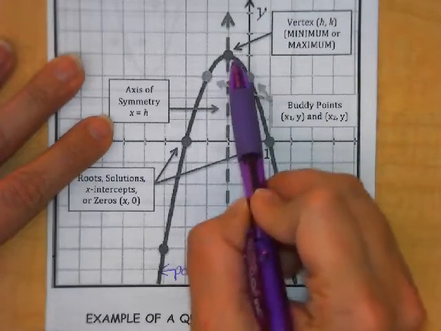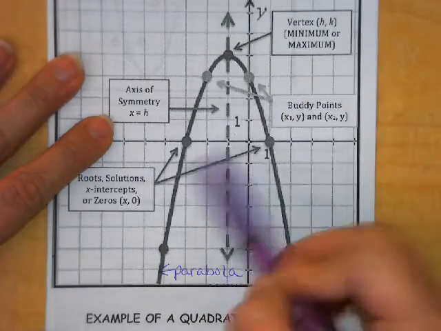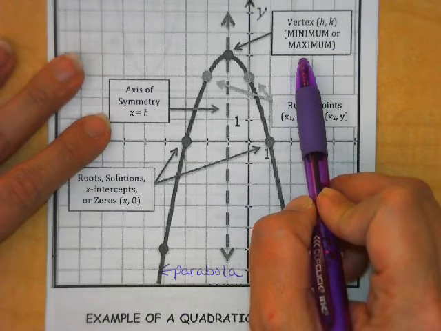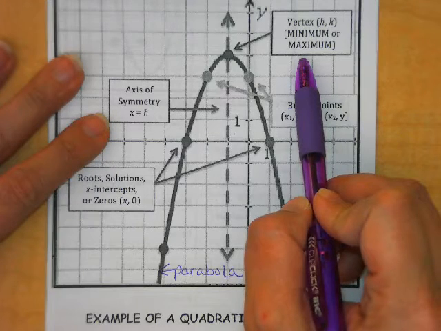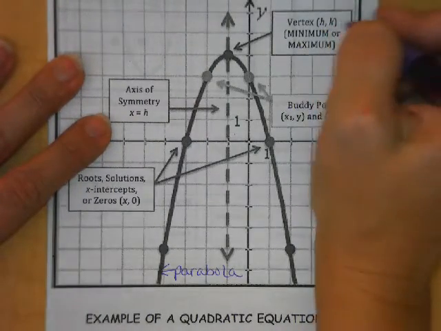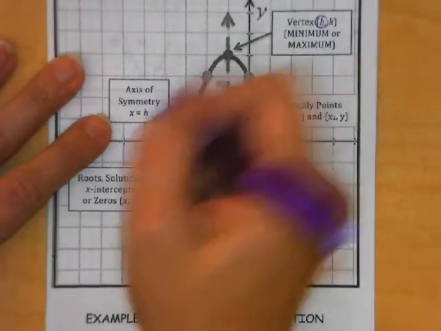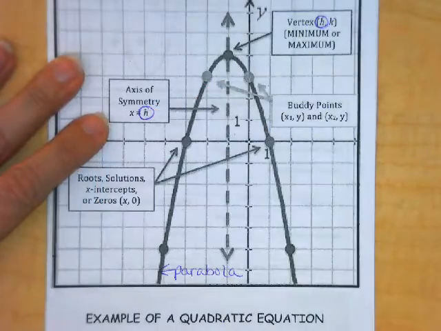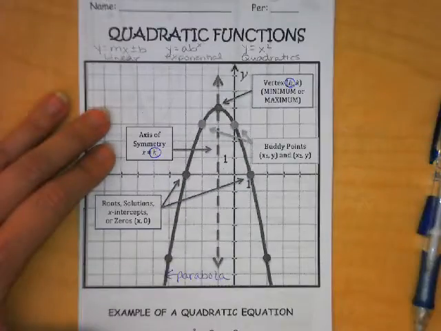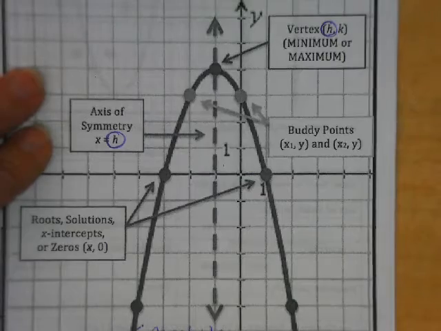At the top of the parabola, where it changes direction, we have what is called the vertex. We've talked about vertex before, the (h, k), when we talked about shifting, so we're going to revisit that. Notice here, vertex (h, k), axis of symmetry x equals h. So those numbers are going to be the same. Does everybody see that?